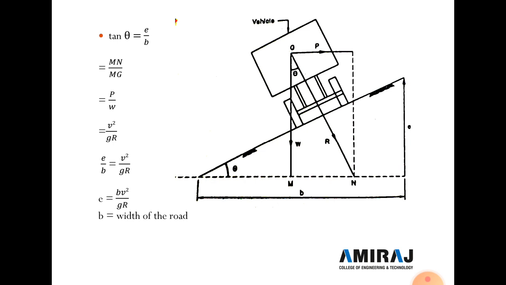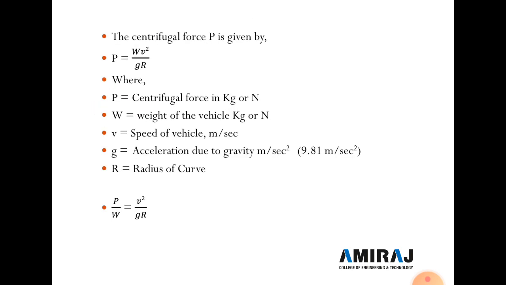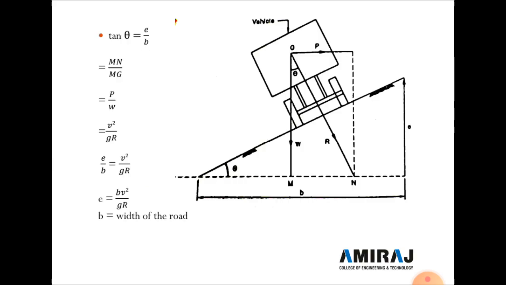Here, Mn divided by Mg is equal to P by W, the force P and weight W. We already know that P by W is equal to V square divided by GR. So E by B is equal to V square divided by GR.